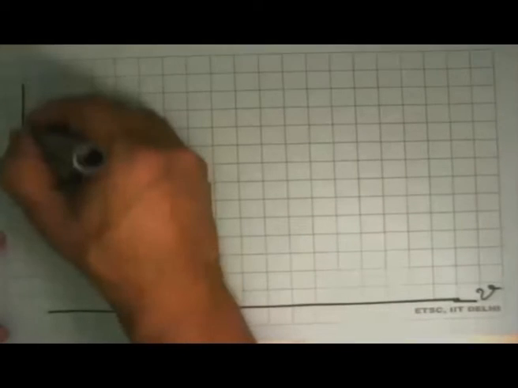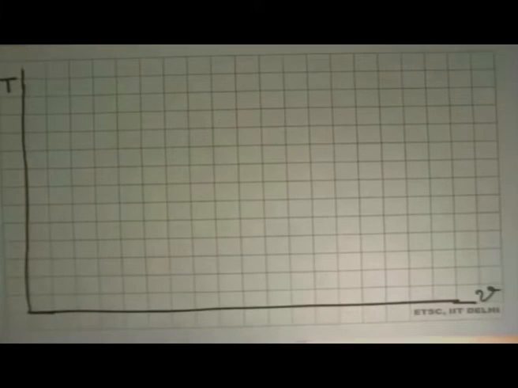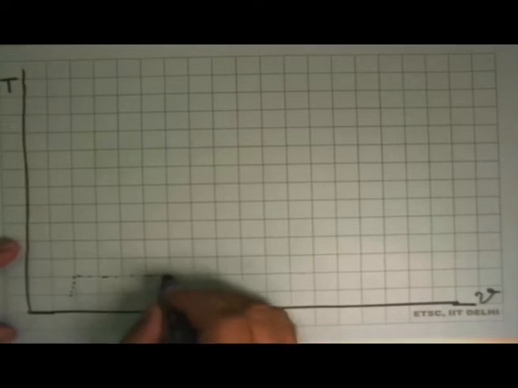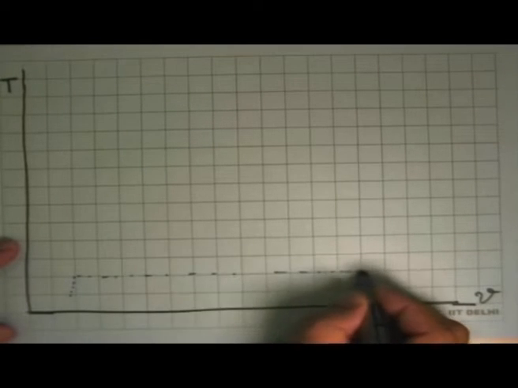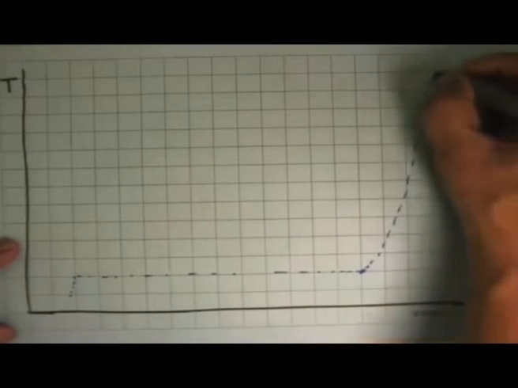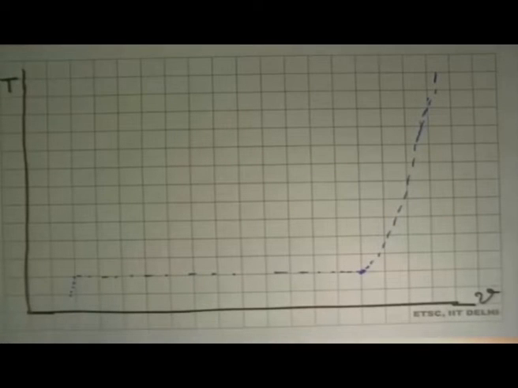This side is V, and this side is T. The first chart that we got was at 1 bar, so I'll just reproduce that over here. This was 1 bar.